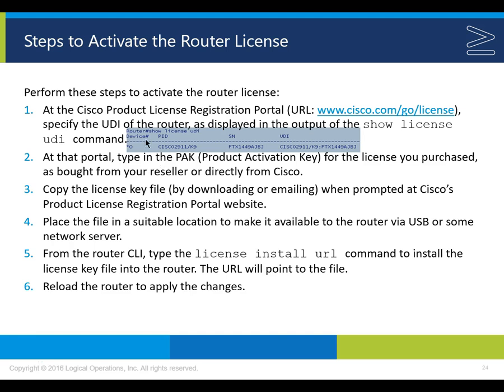That's what this is here, the UDI: the product ID, because it's a Cisco 2911/K9, and then the serial number. When you put the two together, it's a unique device identifier.